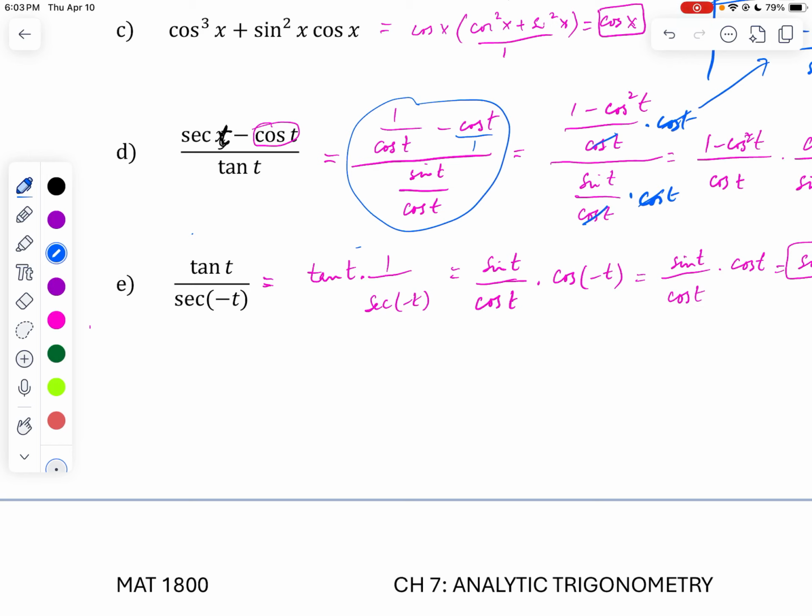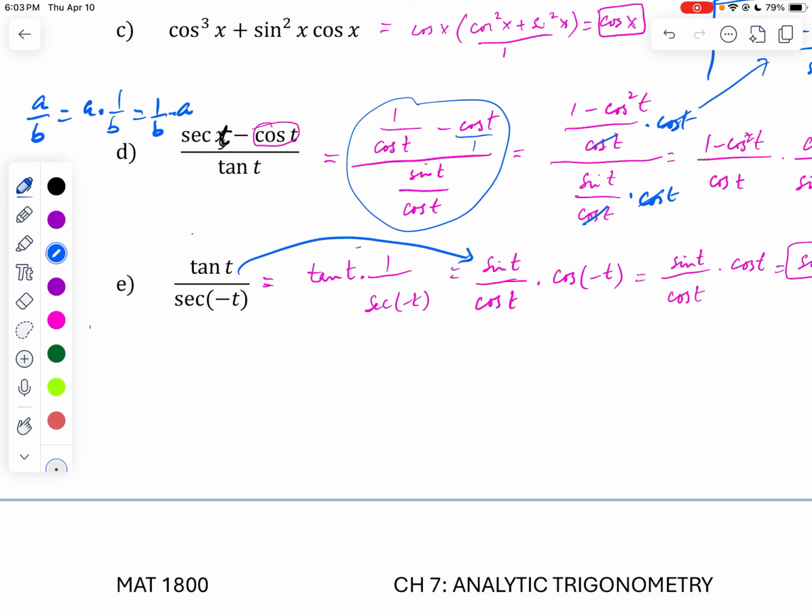Note here, first I wrote it like this, although I didn't need to, I could directly go from this step to that step, but just for your understanding. So remember, if you have a over b, you can always write it equal to a times 1 over b, or you can write it as 1 over b times a. So however you want to write it. That's what I did.